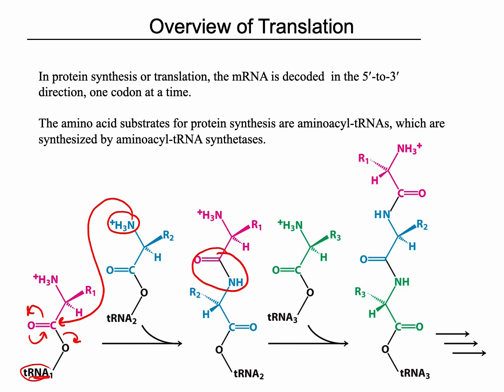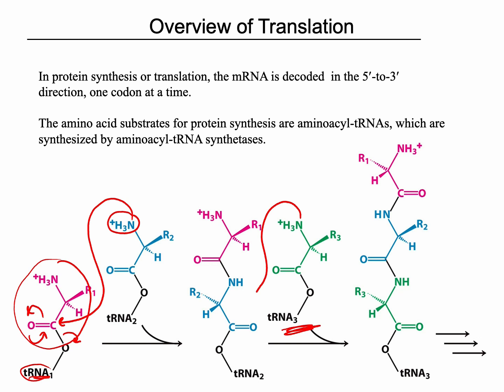So this first amino acid, the entire thing is transferred over to the second aminoacyl tRNA. Now we have this dipeptide, two amino acids covalently linked to the second tRNA. A third aminoacyl tRNA comes in and serves as the nucleophile.